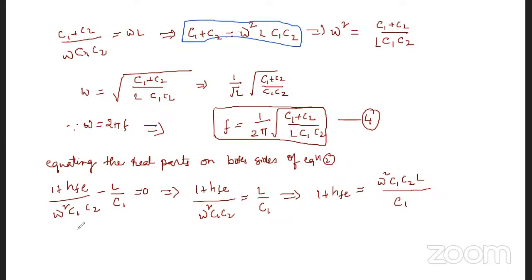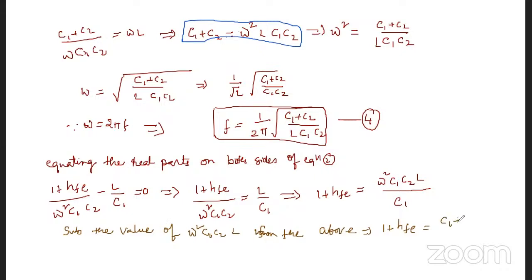So substituting the value of omega square C1 C2 L from the above, we can get 1 plus HFE, which will be equal to omega square C1 C2 L, which we have as C1 plus C2 by C1.